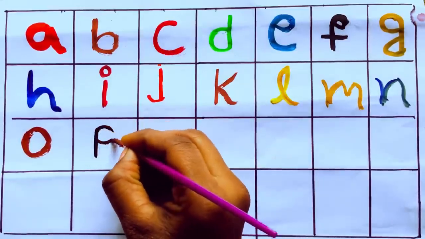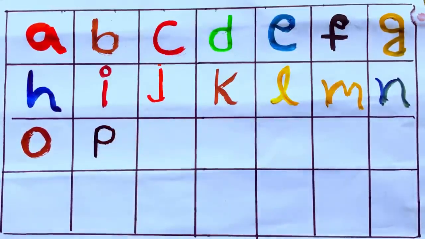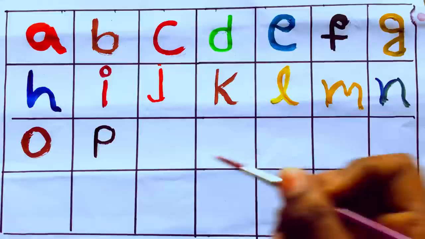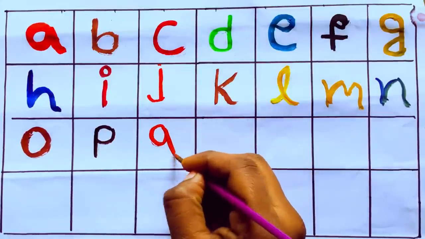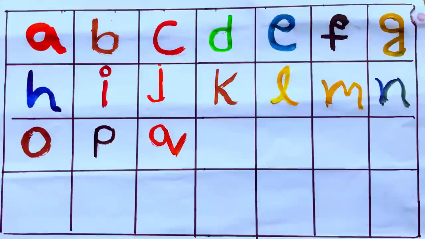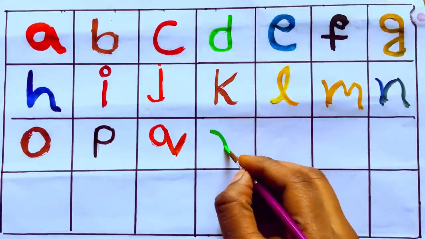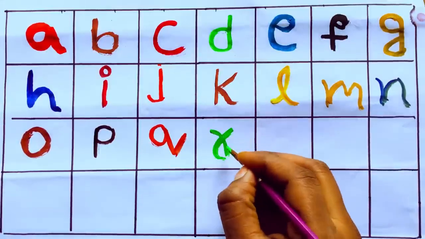Black color, P for pen. Orange color, Q for queen. Light green color, R for rose.